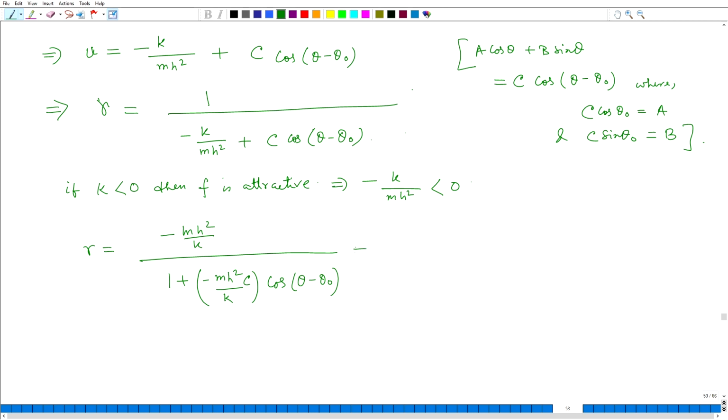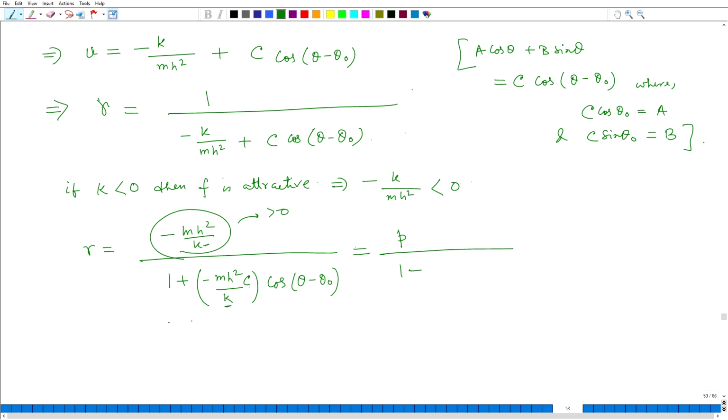I can call this thing, which is actually greater than 0 because k is less than 0, p. And I can call this epsilon. Here c can be positive as well, so this is again greater than 0.